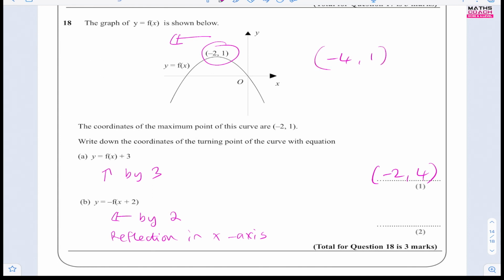And then if we have a reflection in the x-axis, that means that this will reflect in this line here, looking like this. So the x-coordinate will become a negative. So we have -4, -1 as our answer for the coordinates of the turning point.